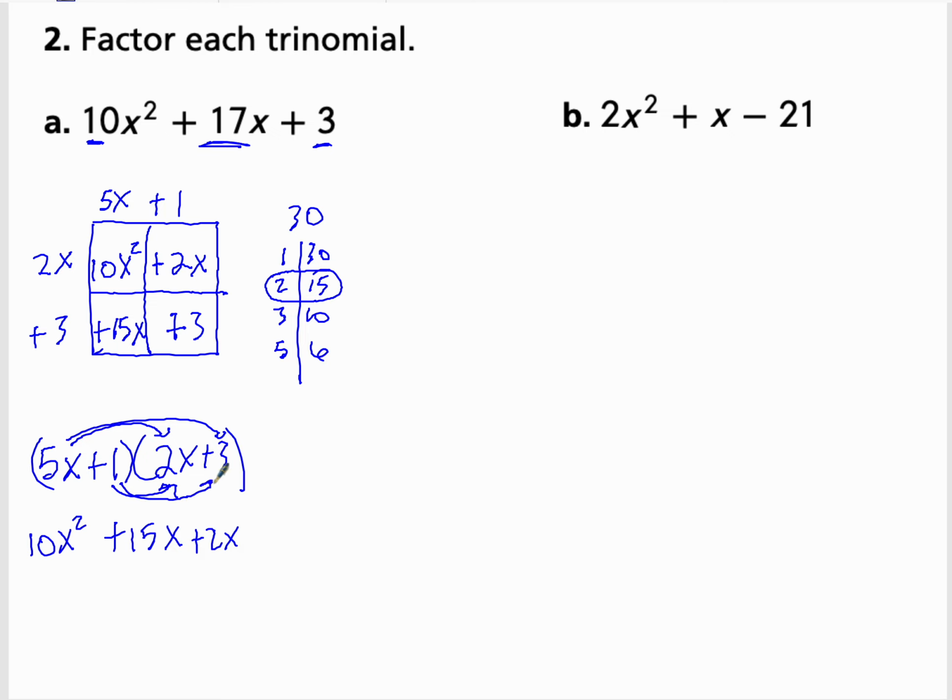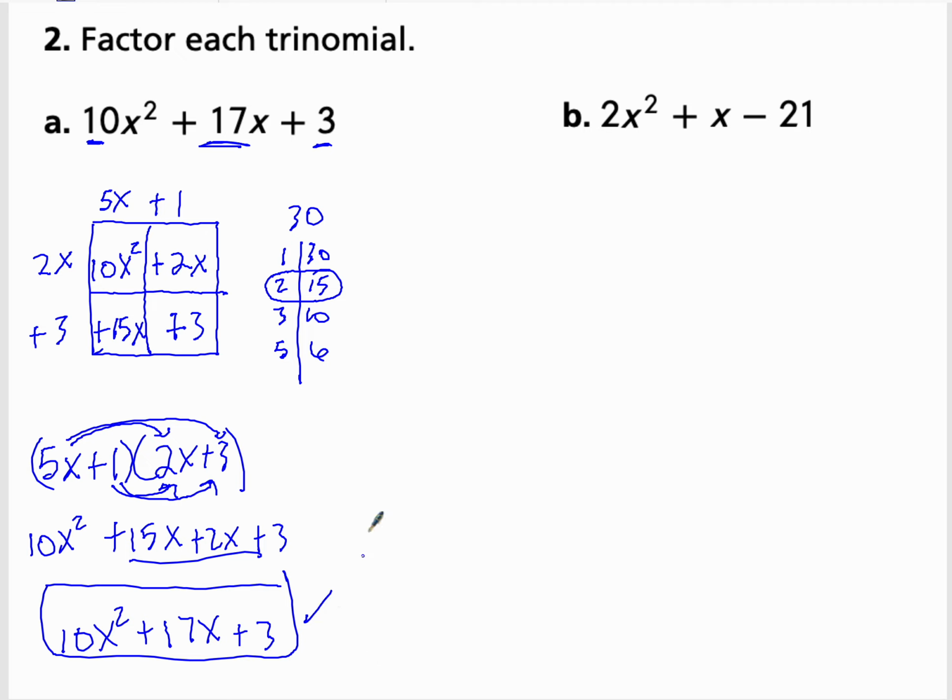And 1 times 3 is plus 3. So simplify the two middle terms. It's 10x squared plus 17x plus 3. And that's where I started. That checks with this right here. And so that's our box method or table method of factoring. Okay, so let's do this one.